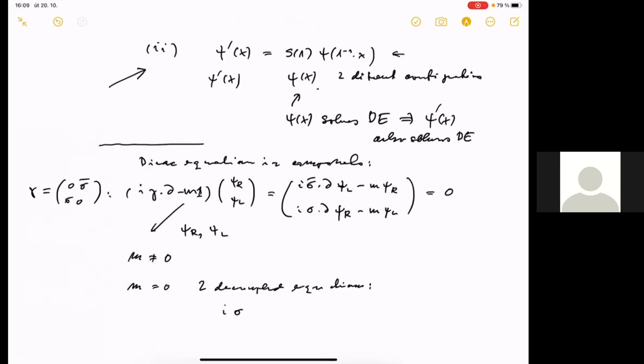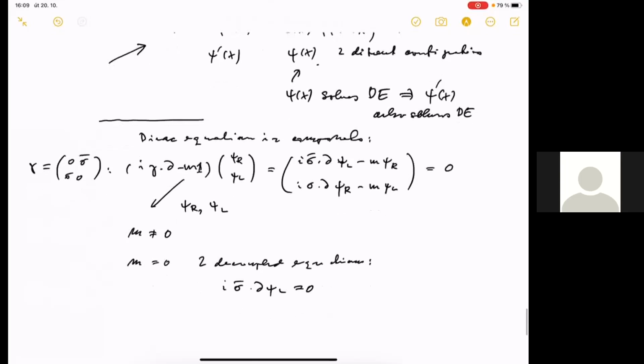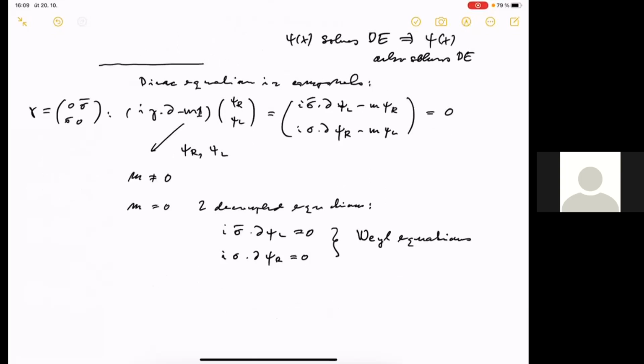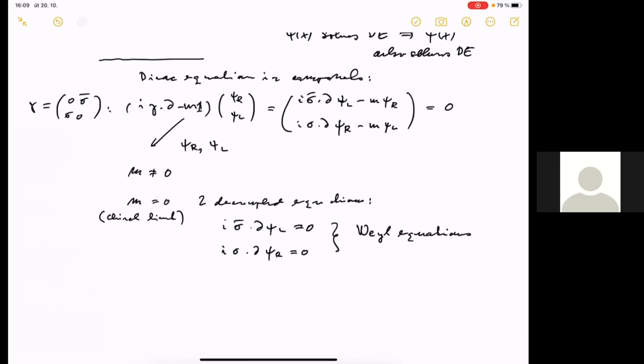Namely, I sigma bar times d psi L equals to 0, and I sigma times d psi R equals to 0, and these equations are called Weyl equations. So in the case of m equals to 0, it is sometimes called also the chiral limit. The equation for left-handed spinor is completely independent of the right-handed spinor and vice versa.